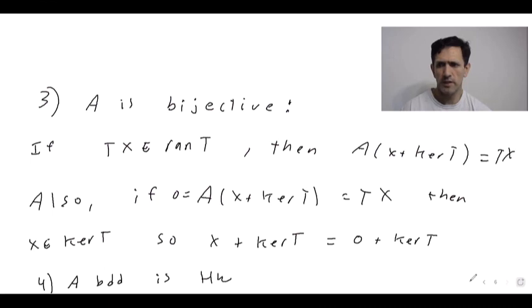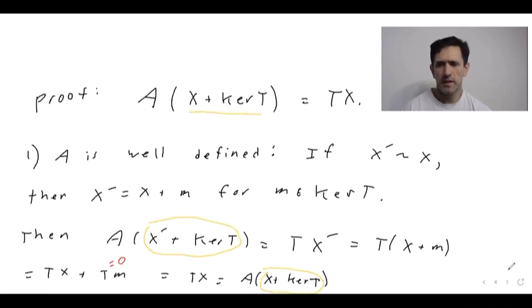It's a homework exercise in the book. Actually, all of these are a homework exercise in the book, but I guess the only one that's not trivial is boundedness. I guess the rest are basically trivial. Yeah, so basically we're done.